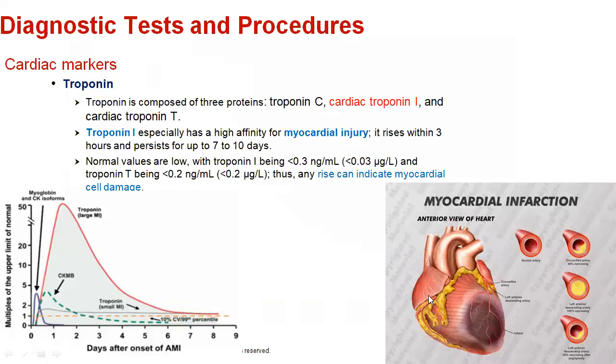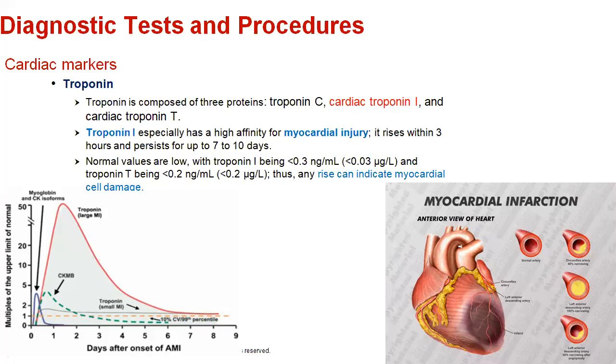What about troponin T? The normal values are low. Troponin I is basically less than 0.03, and troponin T is less than 0.2 nanogram or less than 0.2 microgram. Its rise can indicate myocardial cell damage, right?